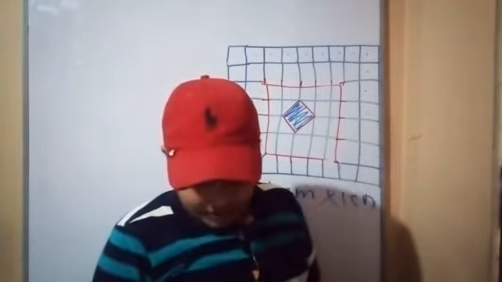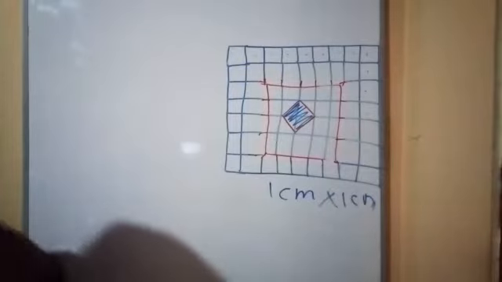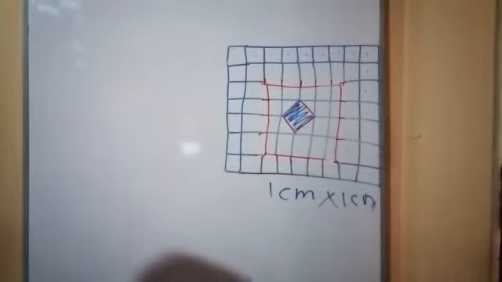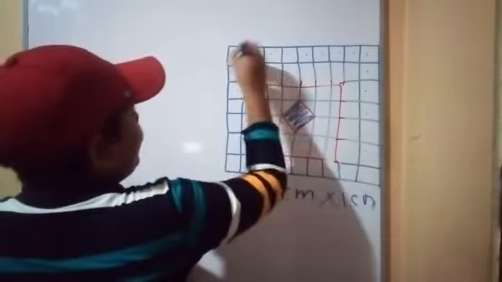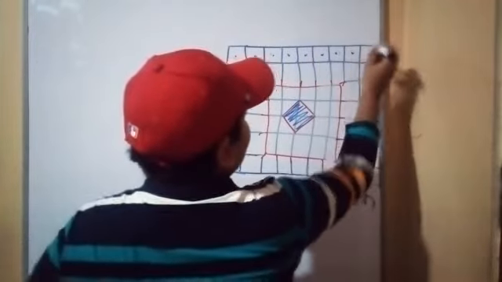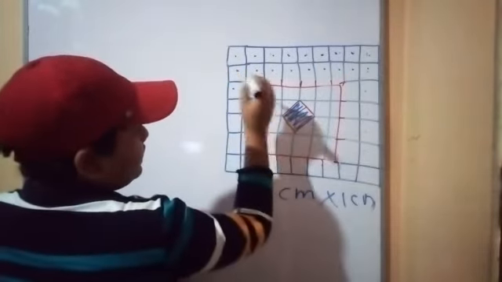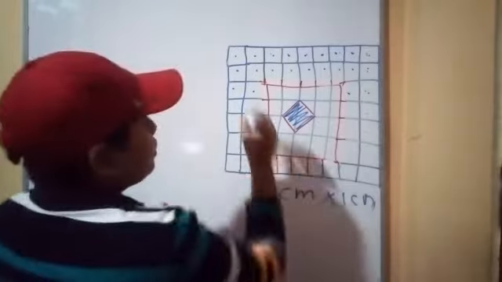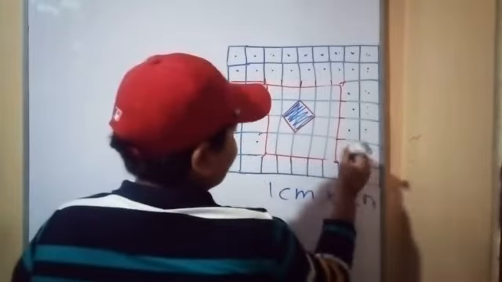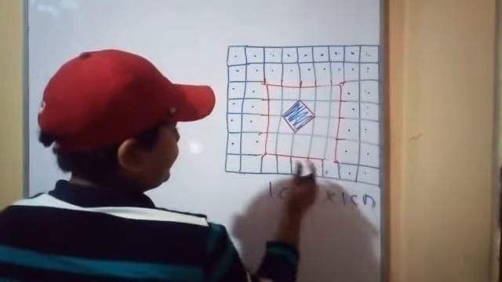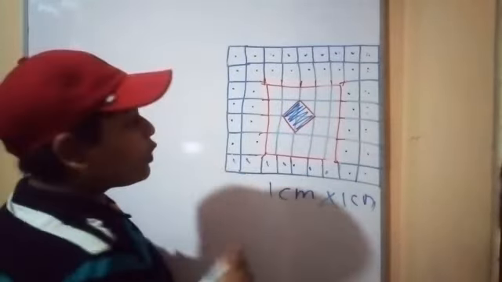The first question: what is the total area of the parts colored in blue in square centimeters? Now count the blue: 1, 2, 3, up to 43. In the blue area I have 43 full squares.